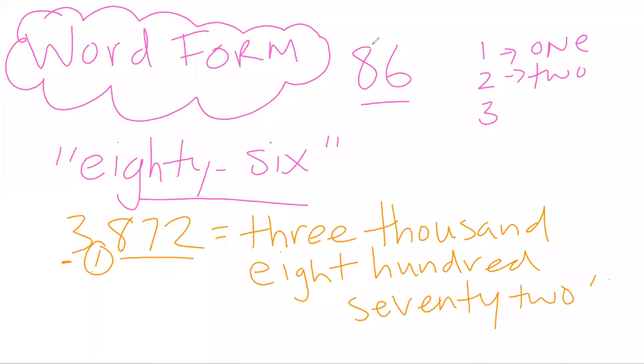That would be the word form of 3,872. And like I said, if there's a comma in your number, there's a comma in your word form. Notice that: three thousand, comma, eight hundred seventy-two. So that's one thing to really keep in mind.